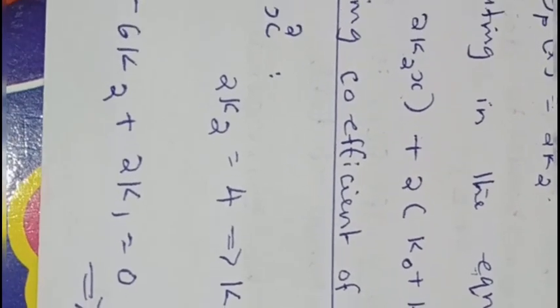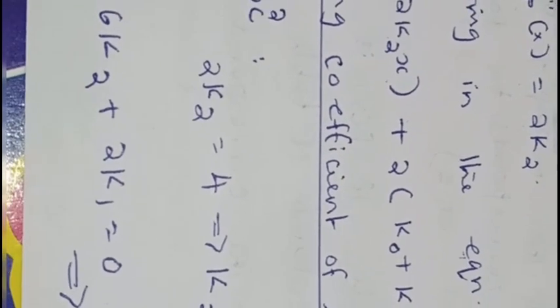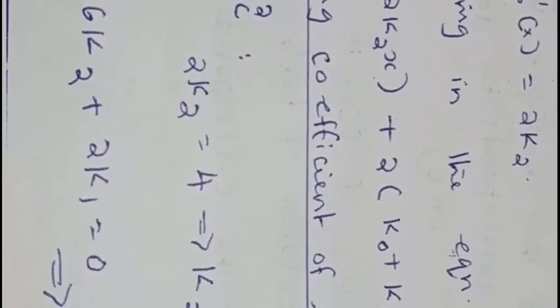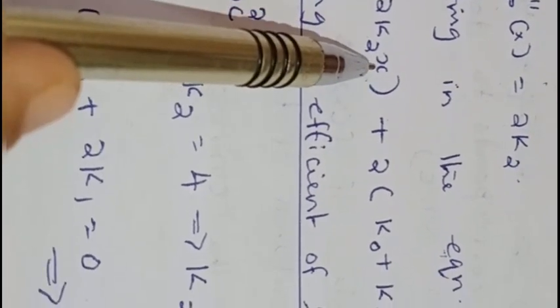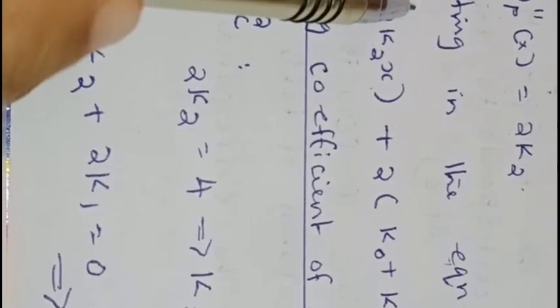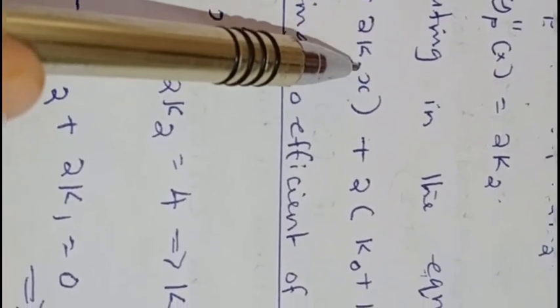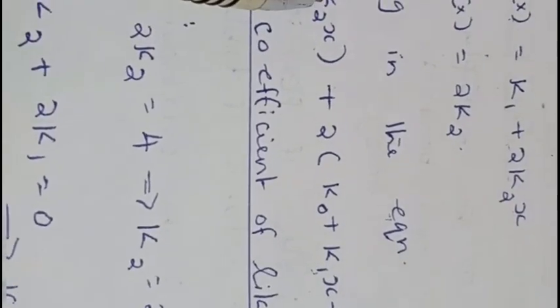Now we take the term containing x. Take the coefficient of x on both sides. Look at the substituted equation again and collect the various coefficients of x. Here we have minus 3 multiplied with 2k2, so the coefficient of x here is minus 6k2.